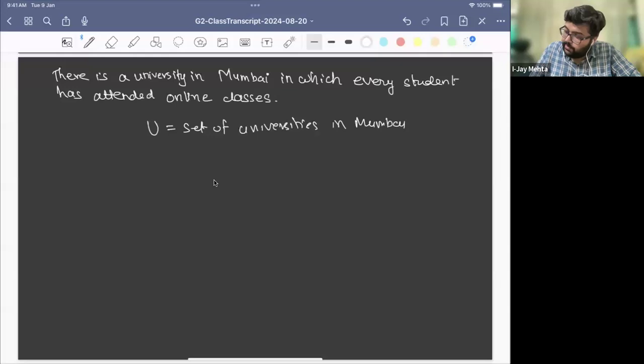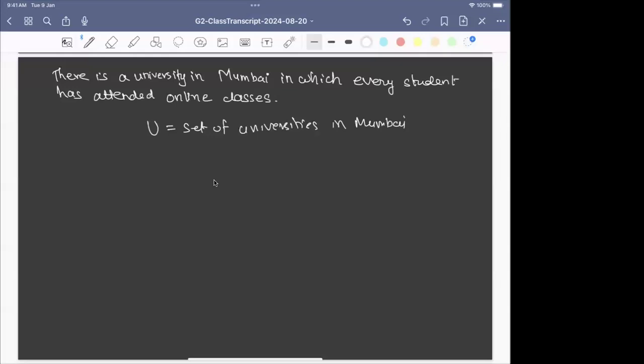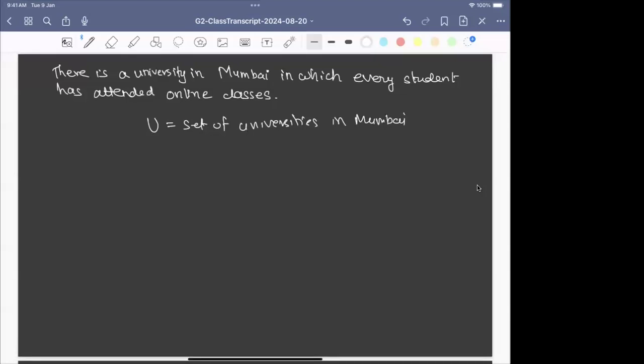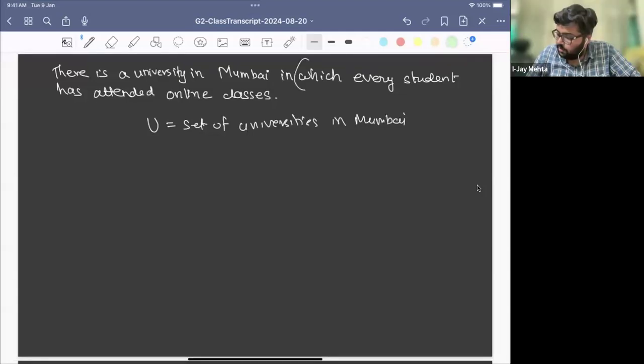What is the quantifier? There exists. Okay. Now we want to write this, and what is the property? In which all students attended online classes. All students of that university have attended online classes.